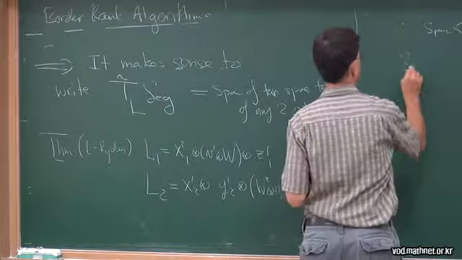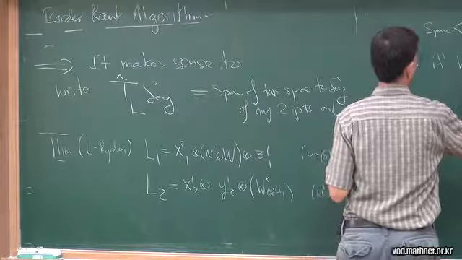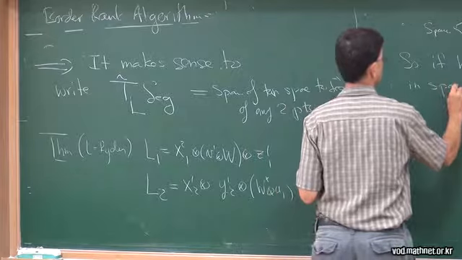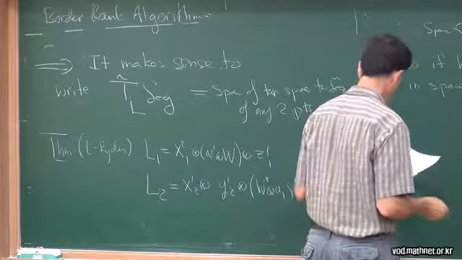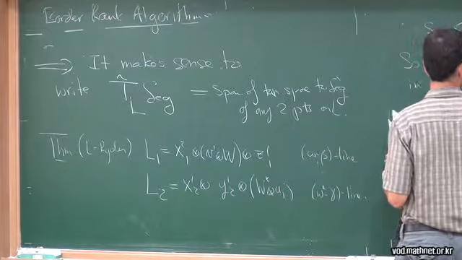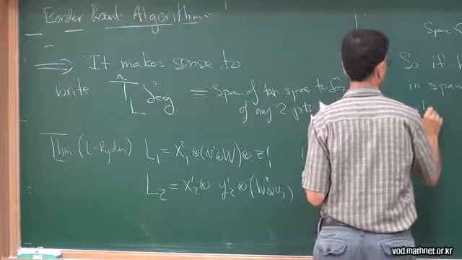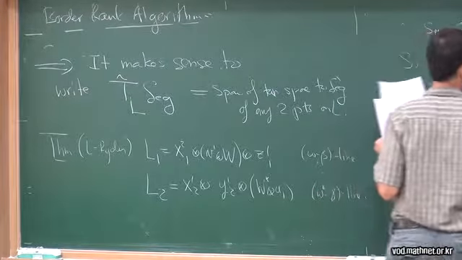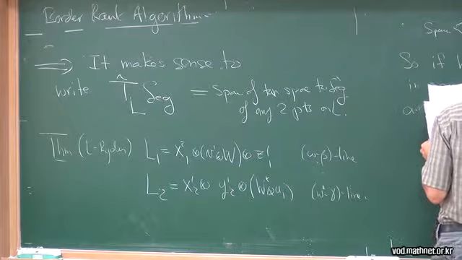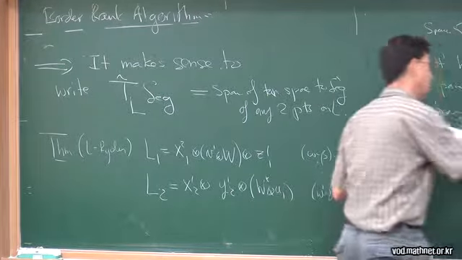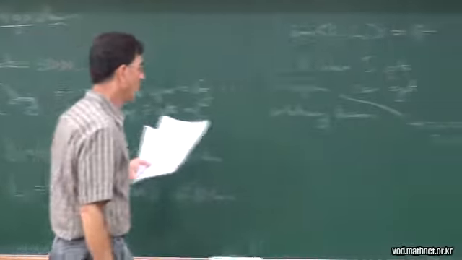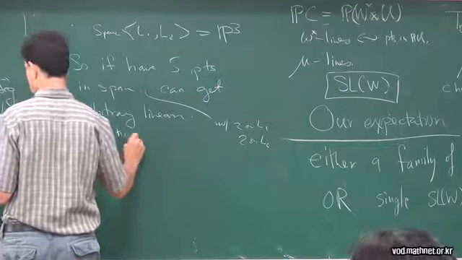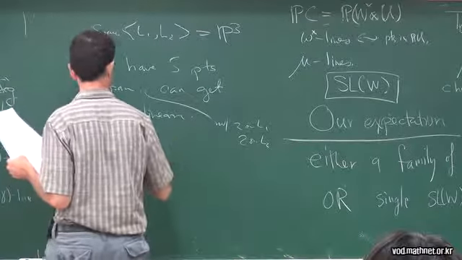So, if I have 5 points in the span, I can get an arbitrary linear combination, with 2 on L1, 2 on L2, and I don't care where I put the 5th point. We could get an arbitrary linear combination of tangent vectors.